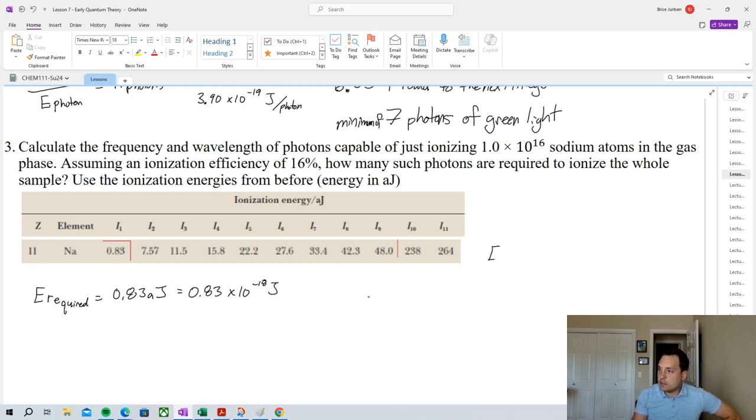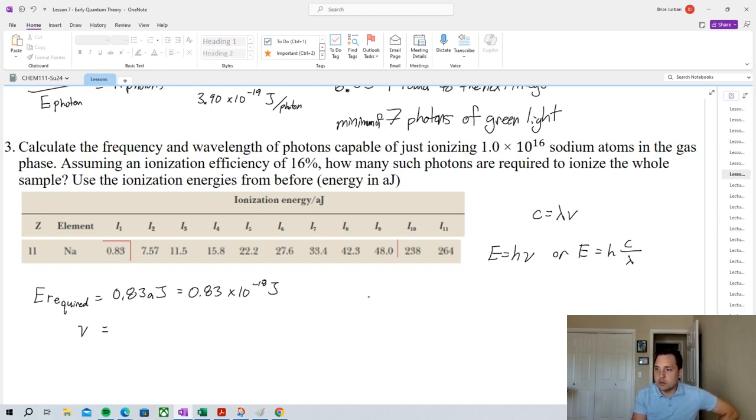So that's E equals h times nu, or E equals h times c divided by lambda. And then we can remember we also have this equation, c equals lambda times nu. What I usually like to do is calculate this one first because it's the fewest number of variables.